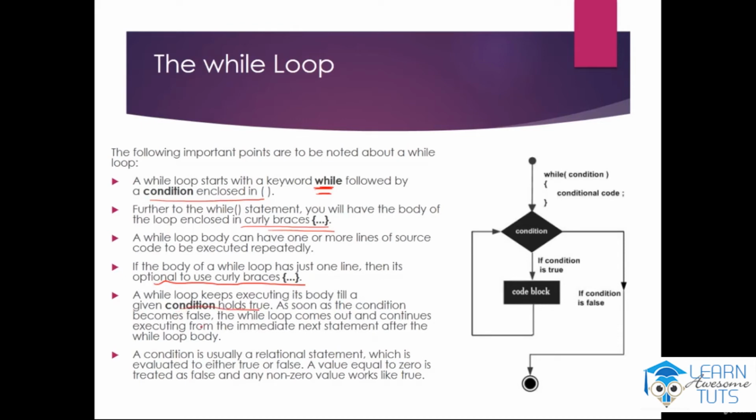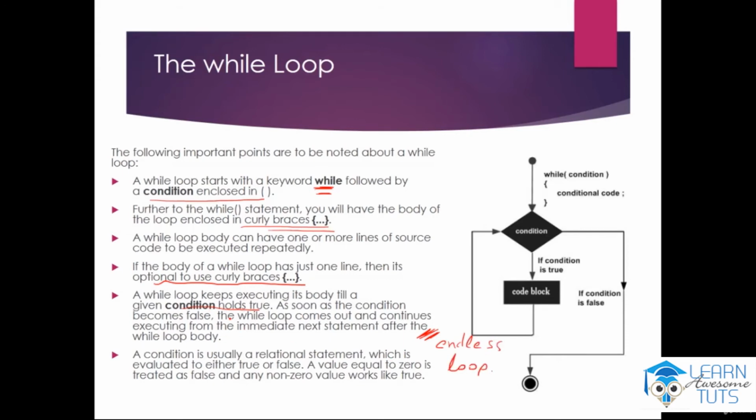As soon as the condition becomes false, the while loop comes out and continues executing from the immediate next statement after the while loop body. This is a very common error when writing programs, because in many cases when a program is stuck in a specific situation, it is stuck because we have something called an endless loop.